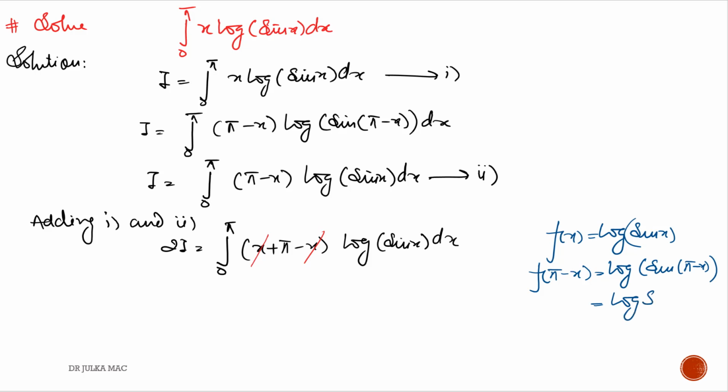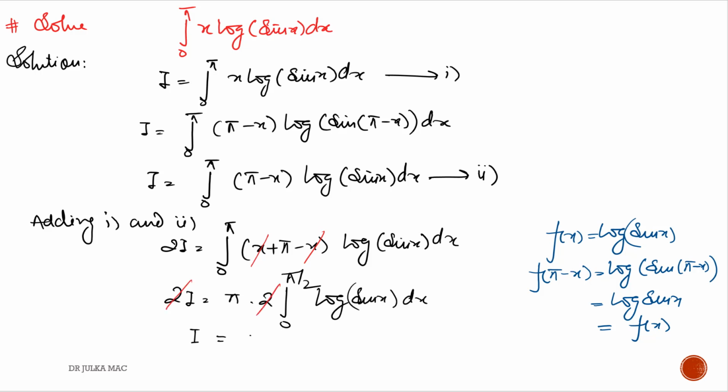So we can use the property integral 0 to 2a of f(x) dx equals twice the integral from 0 to a. So it is twice the integral from 0 to pi by 2 of log sin x, and we take pi outside. Again, the answer of the integral from 0 to pi by 2 of log sin x is minus pi by 2 log 2. So the answer is minus pi square by 2 log 2.